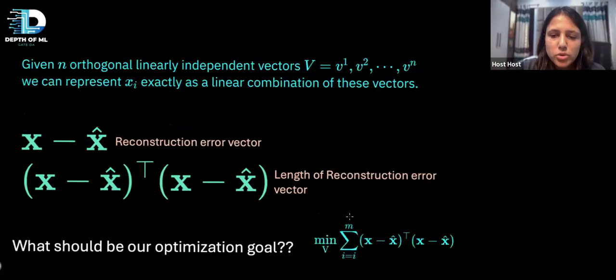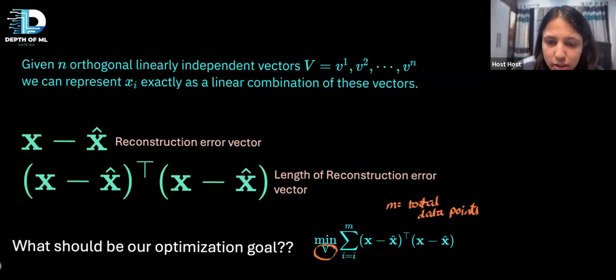Fine. So we will minimize this for every sample, right? The total number of samples that we have is M, the total data points. For every data point we will reduce this error, and we want to find the orthogonal matrix V such that this is minimized.